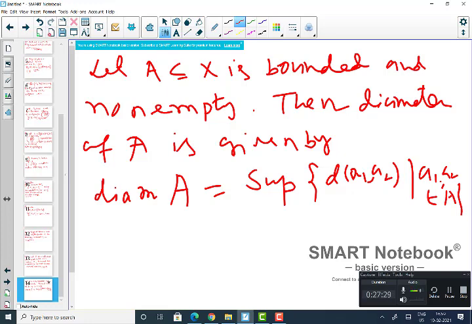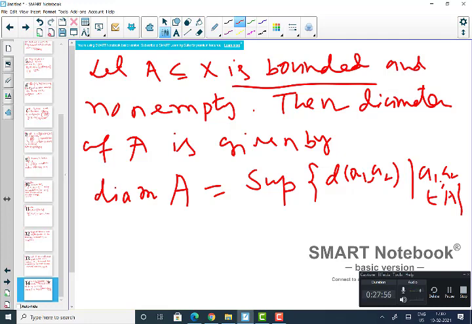But you know that these distances are real numbers. And because I already assumed that A is bounded, this is a bounded subset of the real numbers, right? And hence, because the real numbers are complete, the supremum exists. Every such set has a supremum. So the LUB property will give you that this supremum exists, and we define this as the diameter of A.